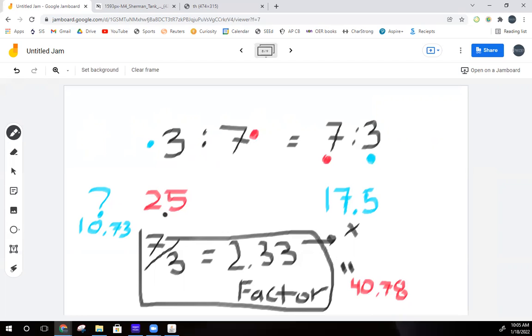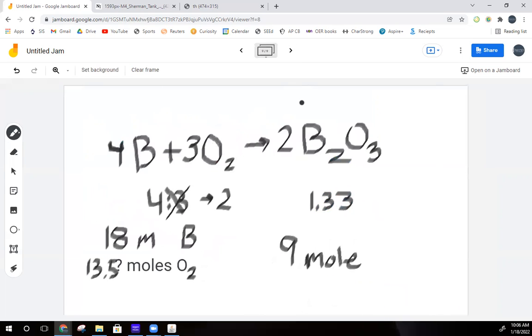If we have 25 moles of this, we divide by 2.33, and that gives us that. Or if we have 17 moles of the blue, our ratio factor is 2.33. We know that we need a bigger number of red. Given 17.5 moles of this, we need more red. So we take that number and we multiply it by our factor to give us that.